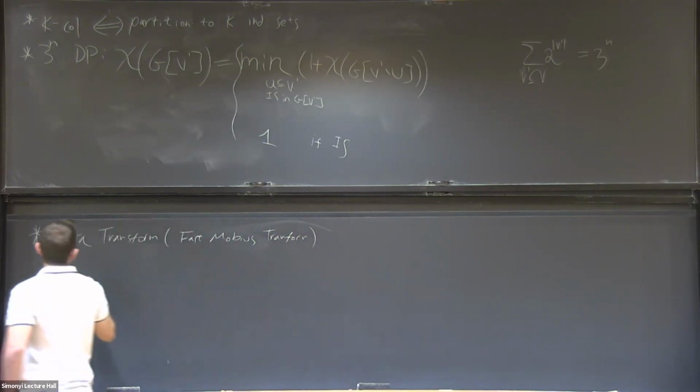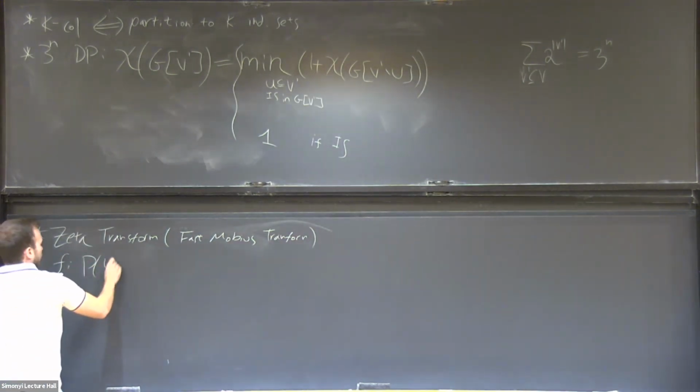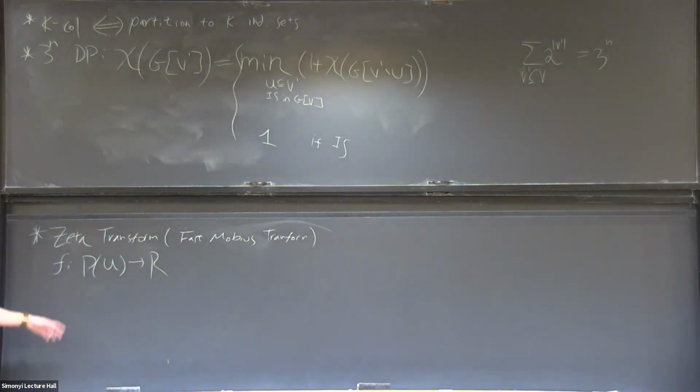But let's say I have some function from any power set. You can think of this as the real numbers, but it can be any ring. So I have some function f from a power set to any ring.